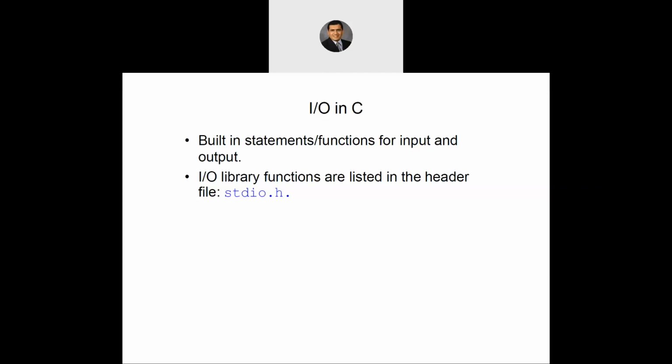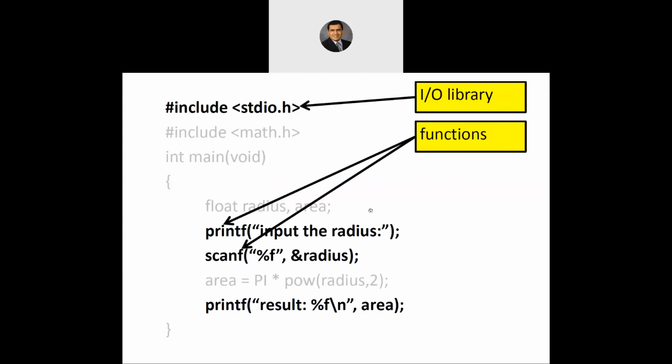If you open it, it has got information for your input and output. So every time you say hash include stdio.h, you're invoking the input-output library. And that is the reason that your printf function and your scanf function work in the first place.